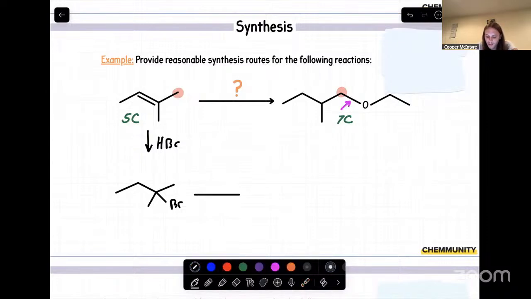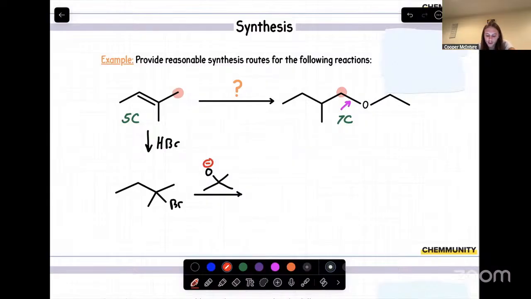And the reason we would want to form an alkene is only because alkenes span two carbons. And since it spans two carbons, we can now have functionality on this carbon while also having a reaction with this carbon as well. So we can use our strong bulky base from earlier, that tert-butoxide.